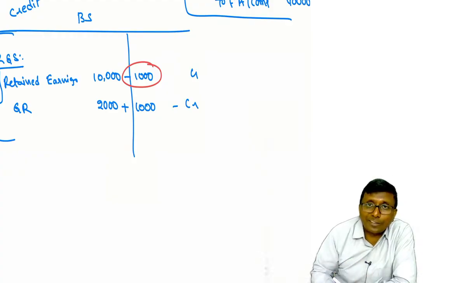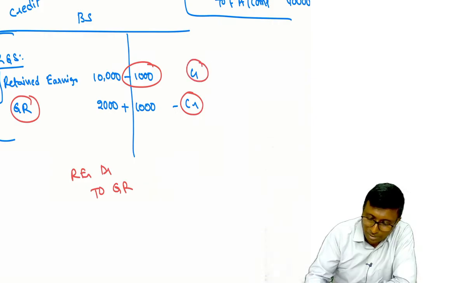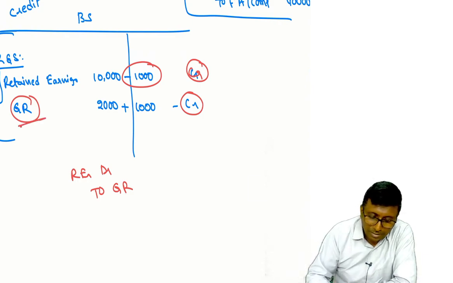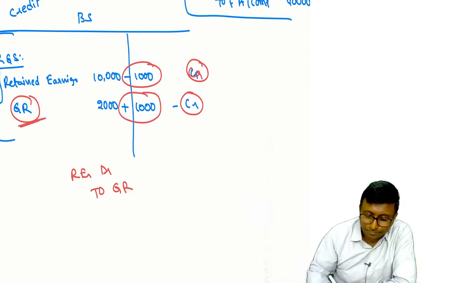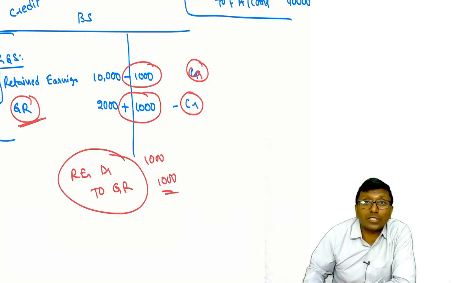That's why we record retained earnings account debit to general reserve. General reserve shows a credit balance, so you are adding to it. So retained earnings account debit to general reserve, 1,000 rupees. That's all. That is a transfer.